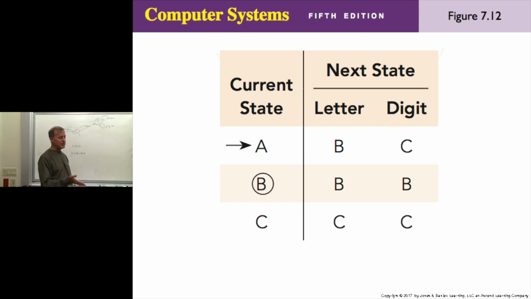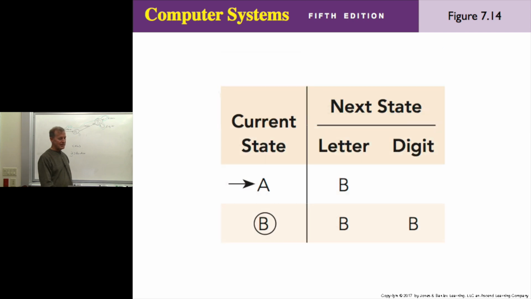For every current state and every input, there is another state. So now what have we done to the table? See here in figure 7.14? Now does everybody see how that changes the shape of the table? Because now if we are in state A and we have a digit, what do we have? A blank entry in the table.